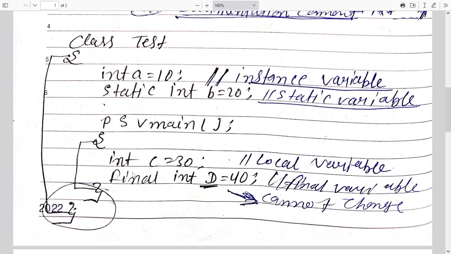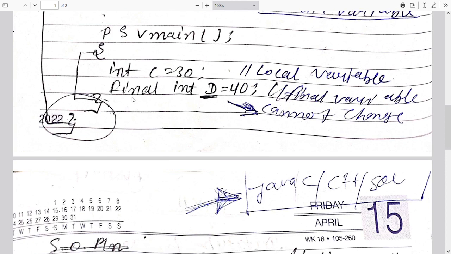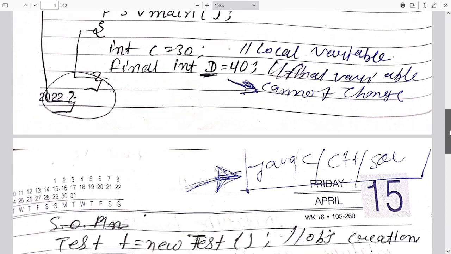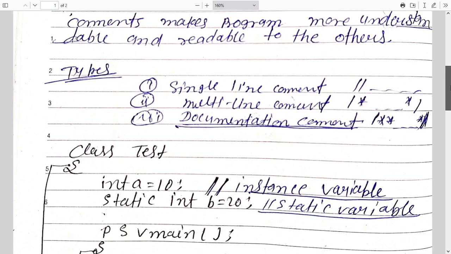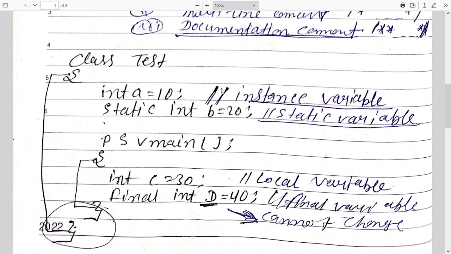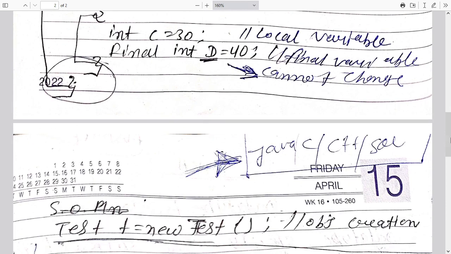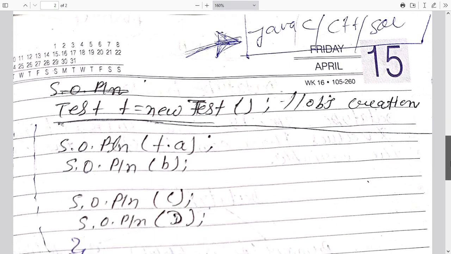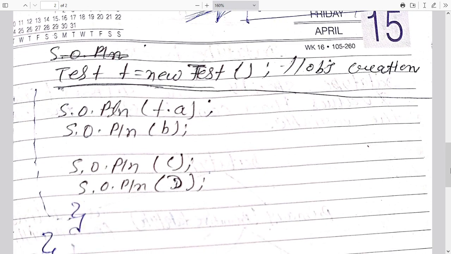The local variable is inside the main method, so we call it a local variable. With the final keyword, the variable is called final. I hope you have clarity. We can't change the value of static and final variables. We will see all these things in the next videos. This is the fundamental of Java.